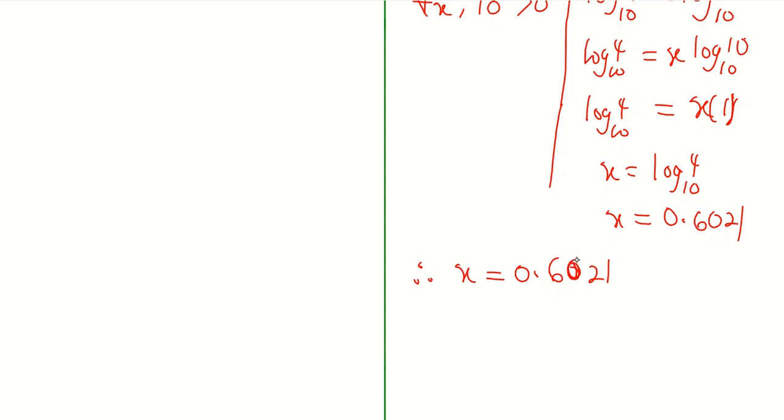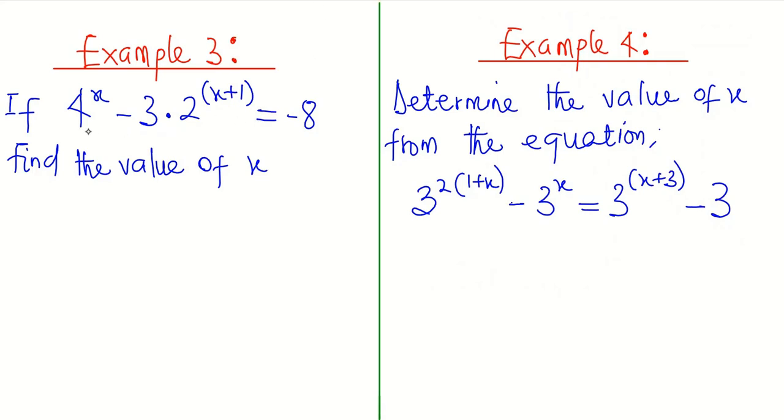Now let's go to the next set of questions, and with that one we have in example 3, it says that if 4 exponent x minus 3 times 2 exponent x plus 1 is equal to minus 8, find the value of x. So simply we have our question as 4 exponent x minus 3 times 2 all exponents x plus 1, which is equal to minus 8, and we are interested in finding the value of x.